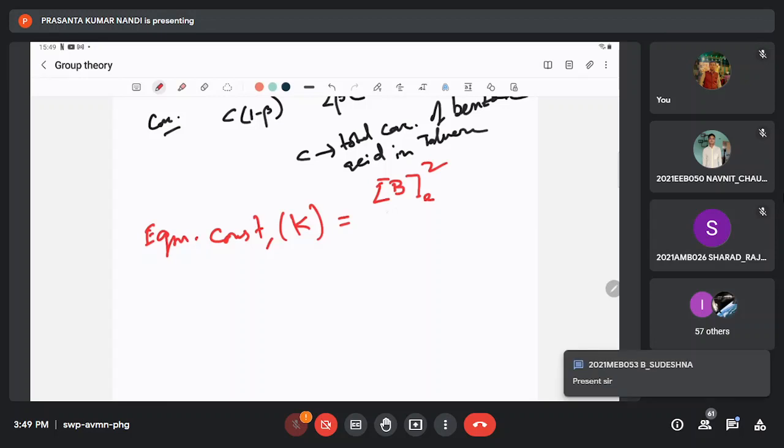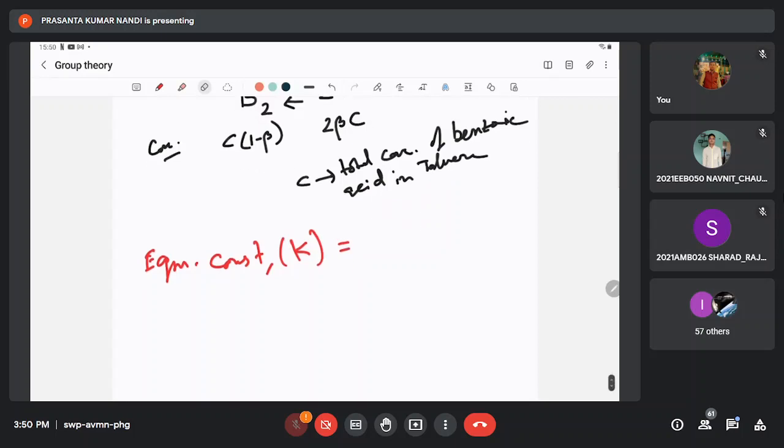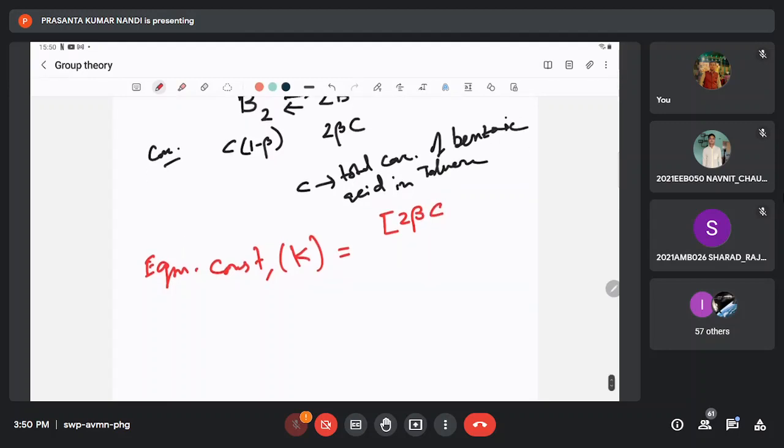I am just writing in terms of concentration, that would be better. 2 beta C, and since these are concentrations and 2 is the stoichiometric coefficient, we should write (2 beta C) squared.